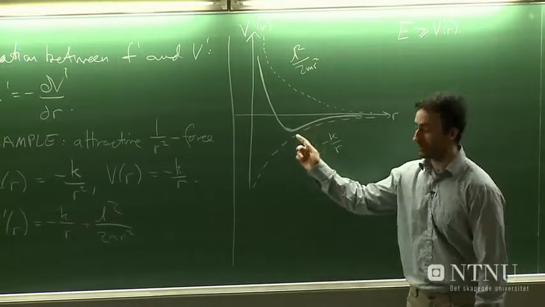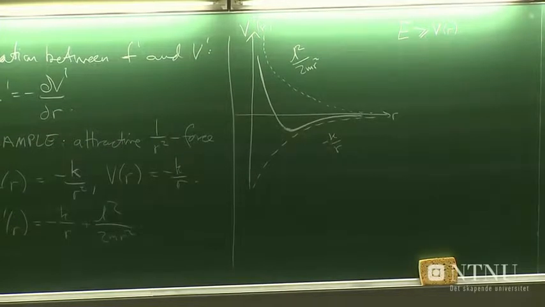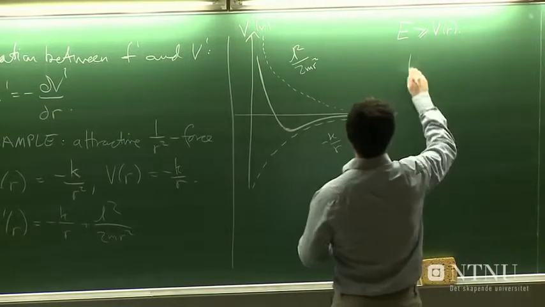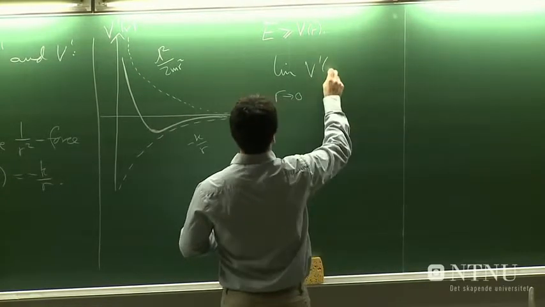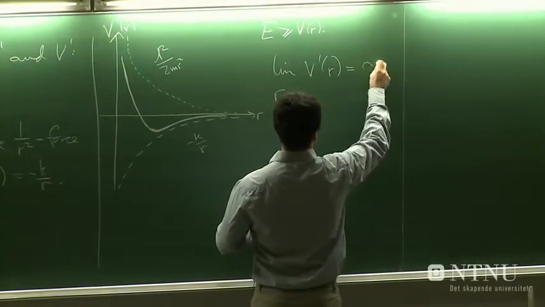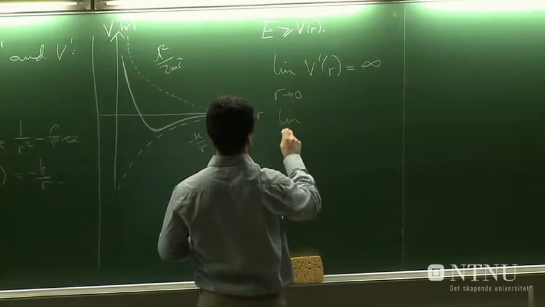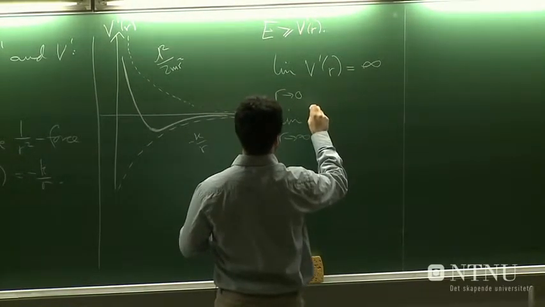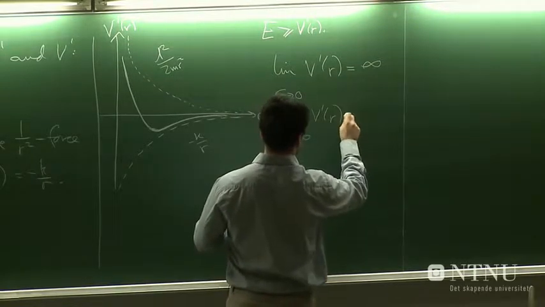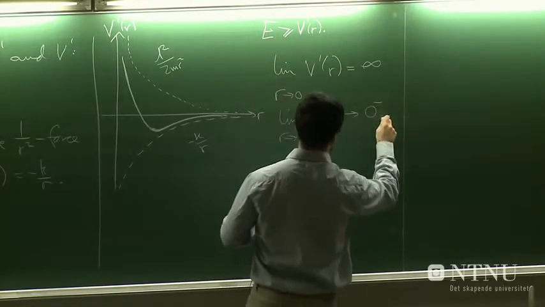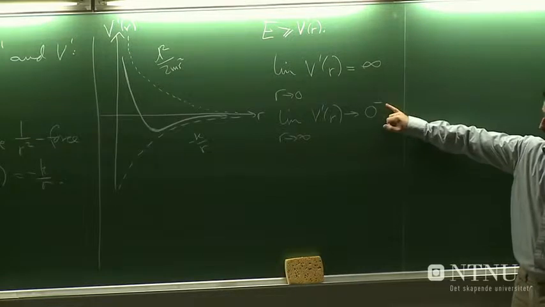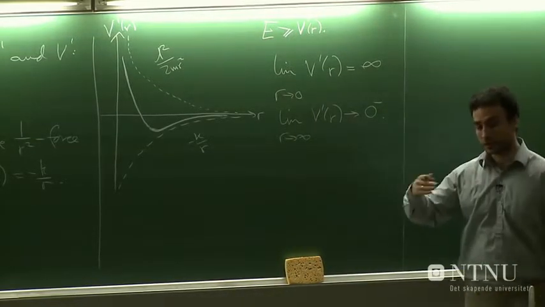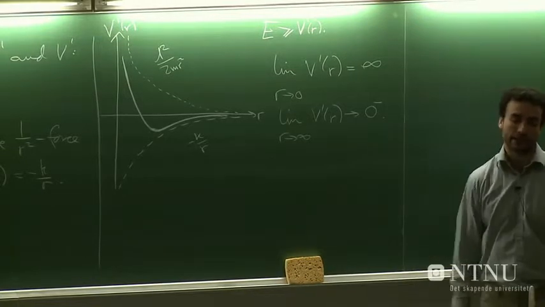So it should look qualitatively something like this. So let's just write down these limits. And I just put a minus here to indicate that V prime approaches 0 from below, from a negative value.